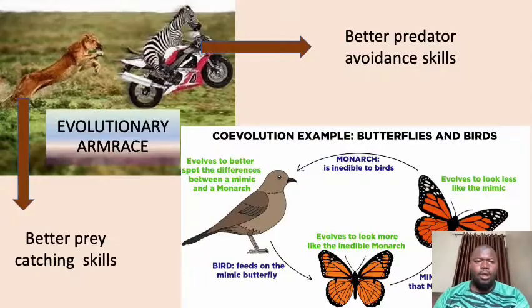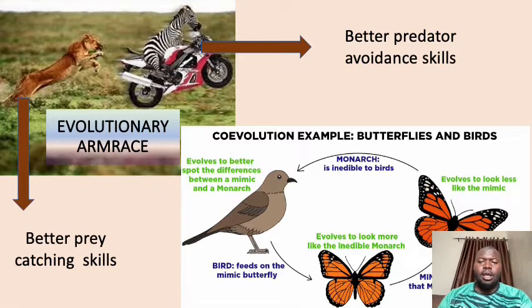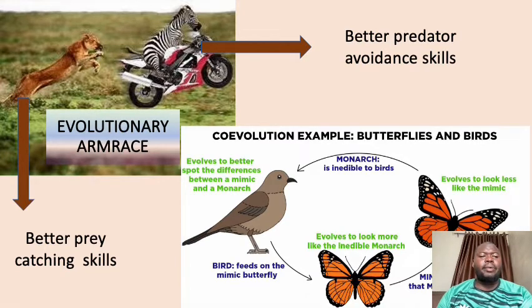Okay. Evolutionary arms race. Evolutionary arms race is the evolutionary struggle between competing sets of co-evolving genes that develop adaptations and counter-adaptations against each other. For the predator, it evolves better prey catching skills and strategies, and on the other hand, the prey evolves better predator avoidance skills.